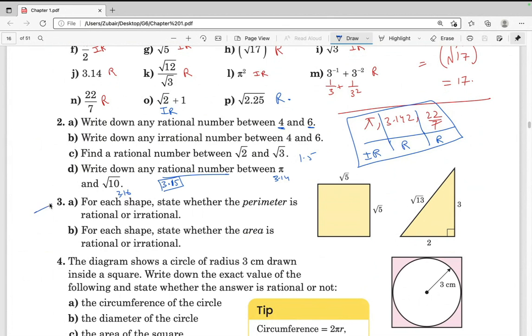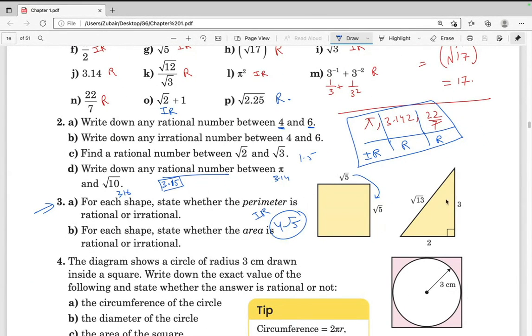Question 3a. For each of the shapes, state whether the perimeter is rational or irrational. When we add all four, this is 4 square root 5. Is it rational or irrational? Irrational, because square root 5 is a non-perfect square.